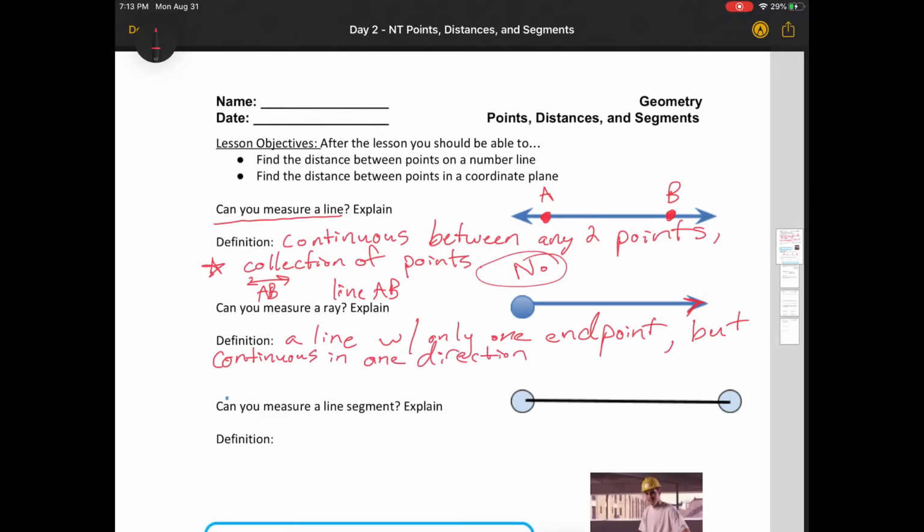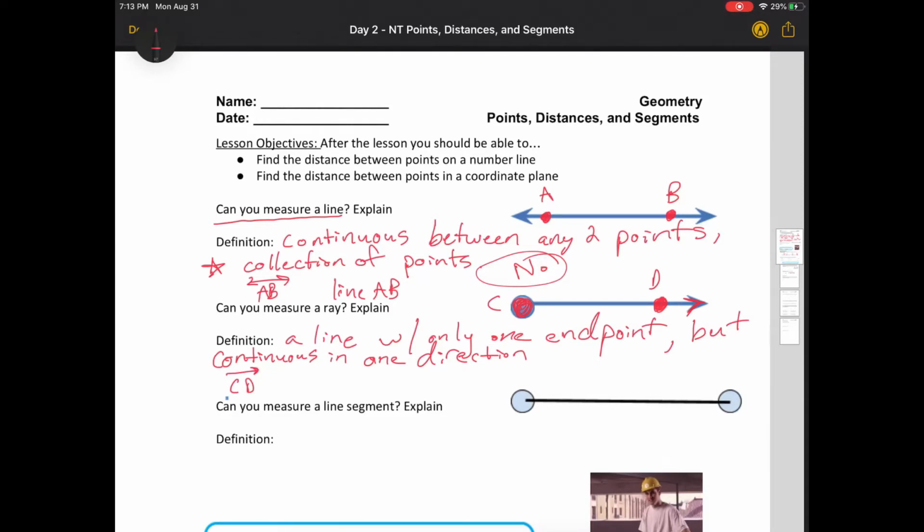So now, let's talk about naming the ray here. Let's pretend that this is point C. Now, let's put a random point here. Let's say it's point D. So now, how would we name this ray? This ray, we would again name with points, but it's just a little different of a notation. So instead of drawing the 2 arrows on top, this would be ray CD.